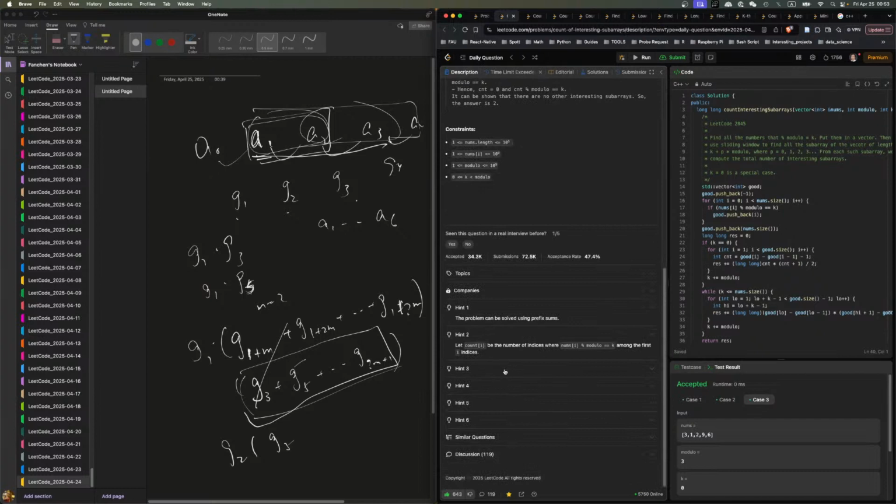Let count I be the number of indices where nums I among the first I indices, okay?